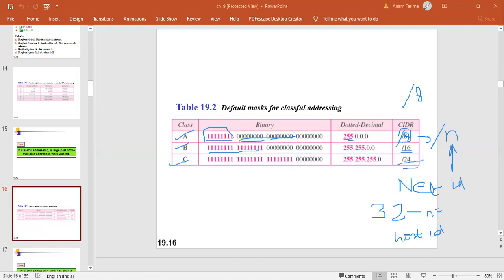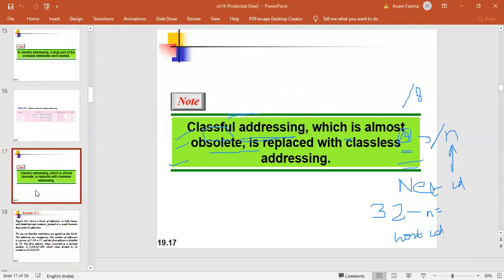So this is one way to represent your classful addressing with the help of your default mask. This gave us the concept of classless addressing, where instead of having a fixed number of bits, like for class A, the first byte represents the network ID and the remaining 3 octets represent your host ID part, we can divide your address into address blocks.